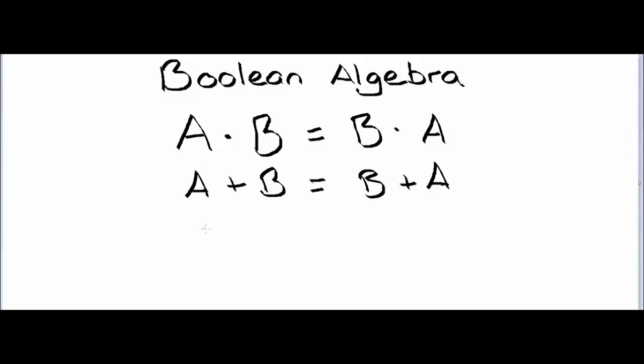If we say that A is 2 and B is 5, then 2 times 5 is the same as 5 times 2, which of course it is, they both equal 10. The same with plus. If we do 2 plus 5, it's always going to be the same as 5 plus 2, always going to equal 7. So that rule kind of makes sense.